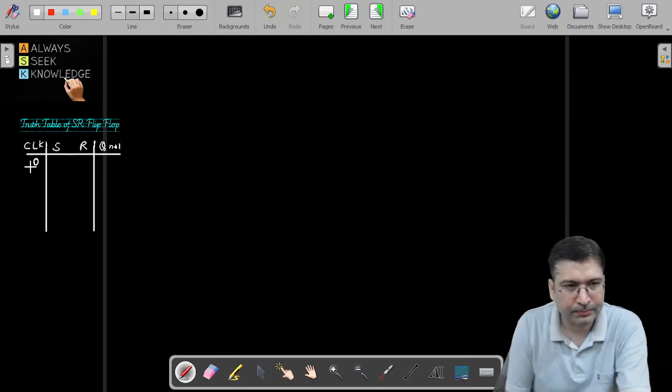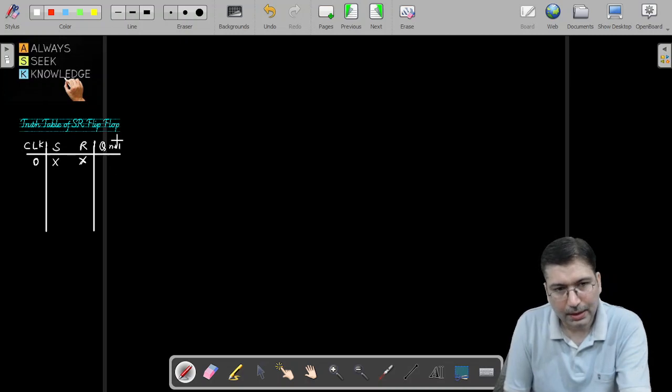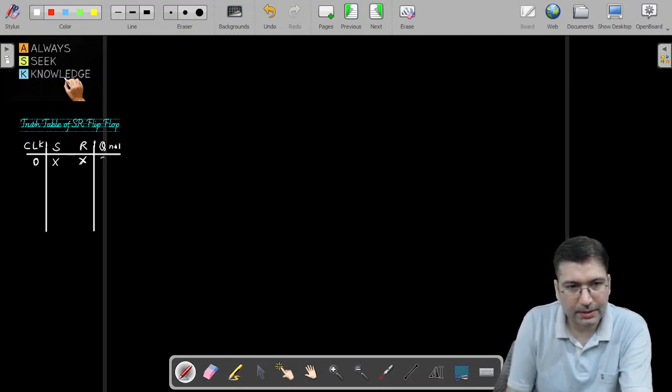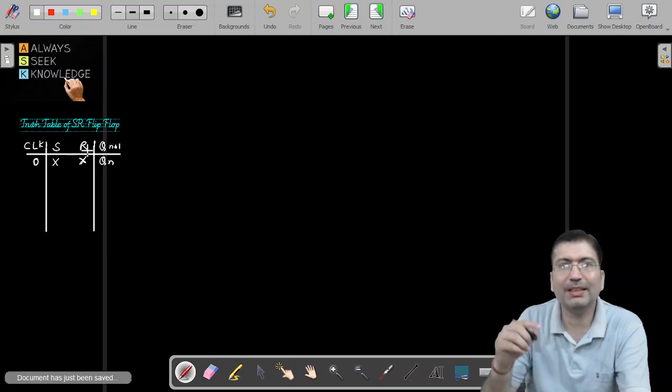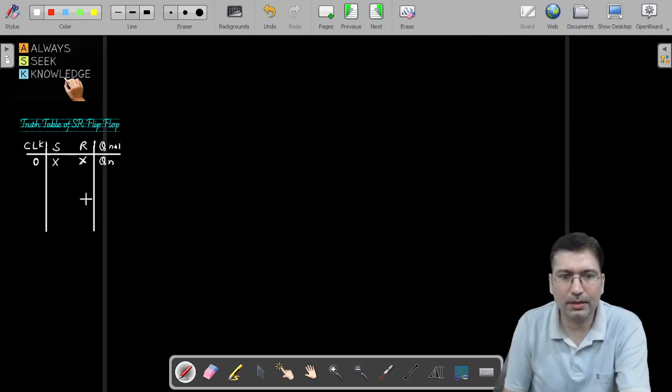If the clock is 0, then whatever input we pass here becomes don't care, and it will preserve the previously generated state, that is Qn. So Qn plus 1 is the next or newly generated state, and Qn is the previously generated state.